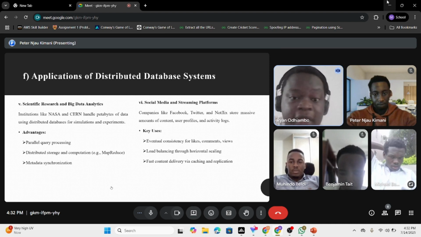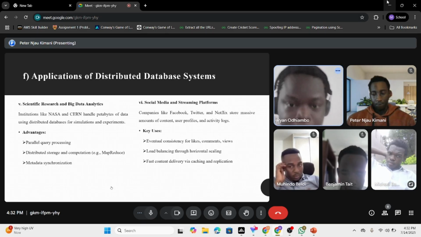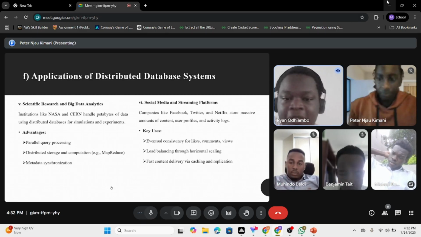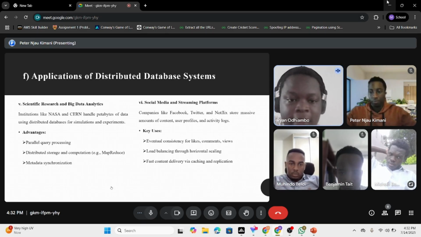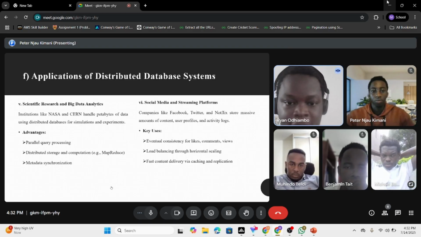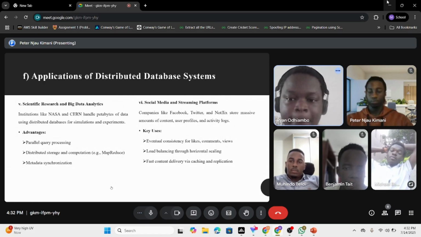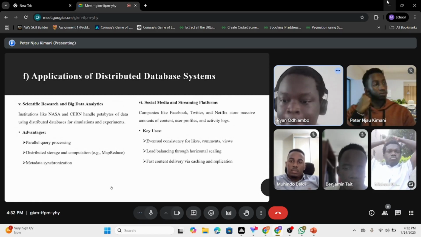There's load balancing through horizontal scaling, which enables the databases to not be overwhelmed, and we also have fast content delivery via caching and replication, which increases processing speed.